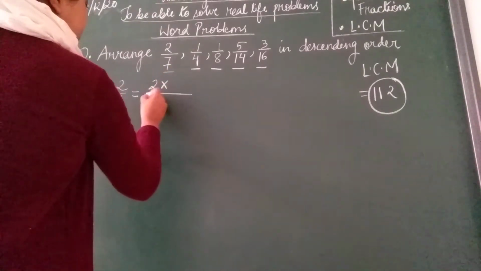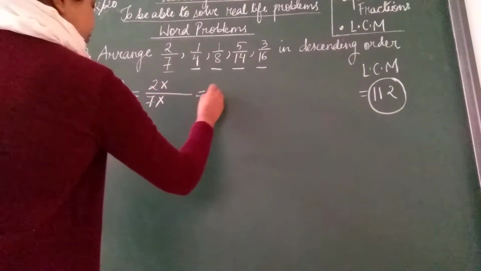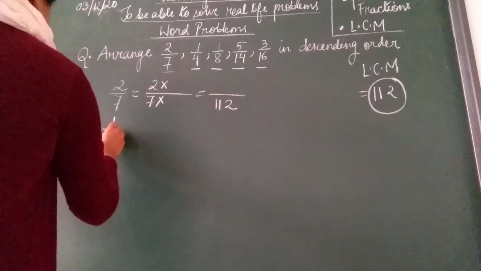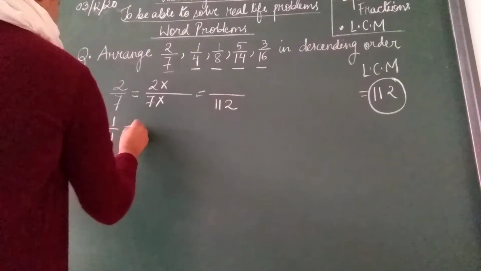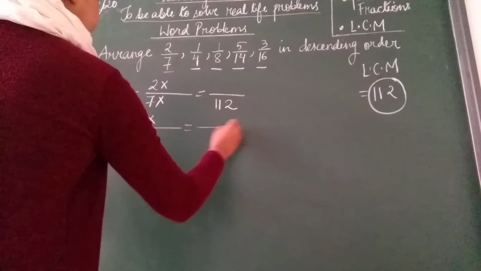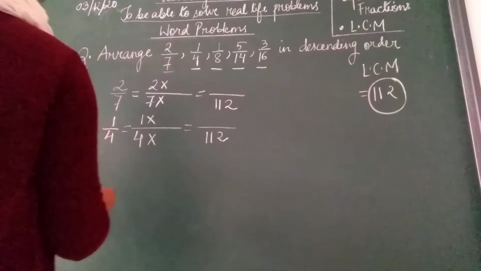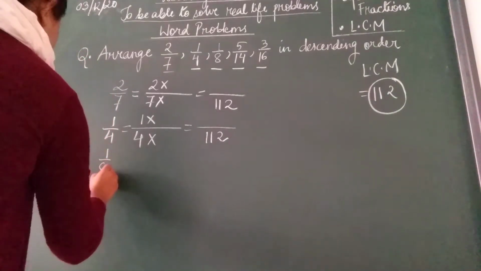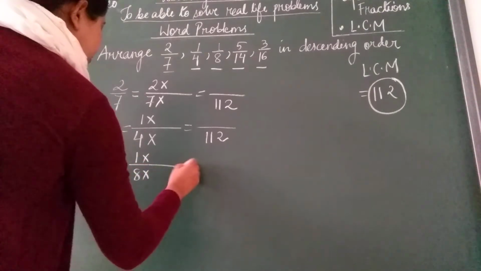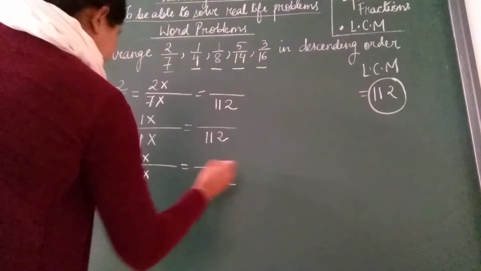So, 2 by 7: 7 into something to get 112. 1 by 4: 4 into something to get 112 again. Then 1 by 8: 8 into something to get 112 here.